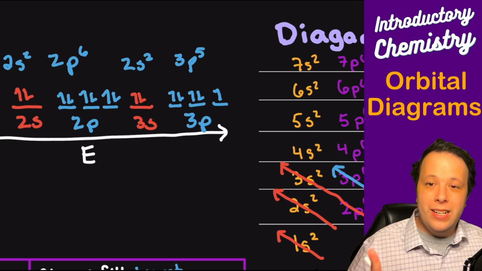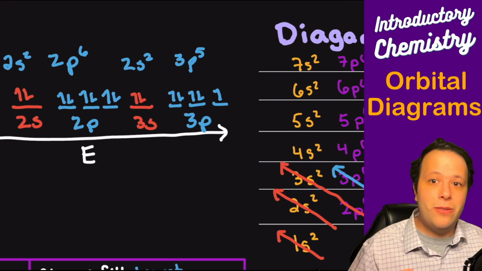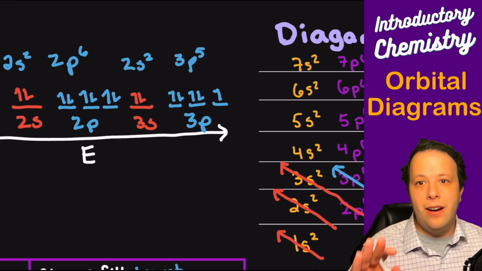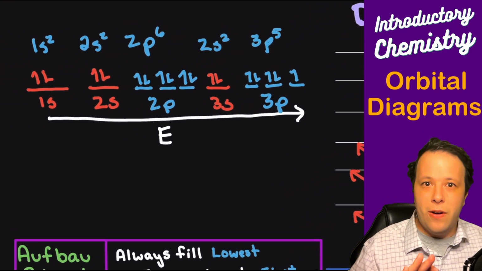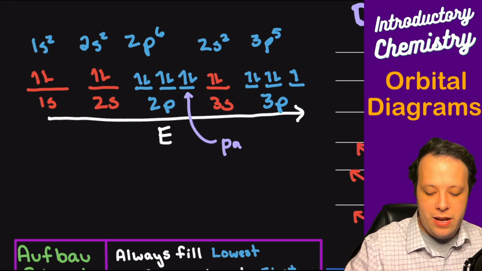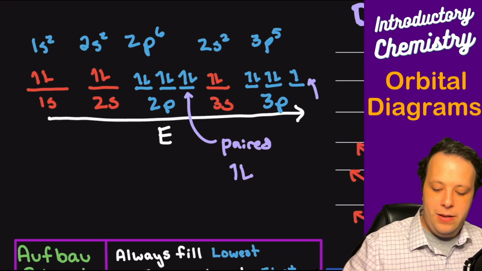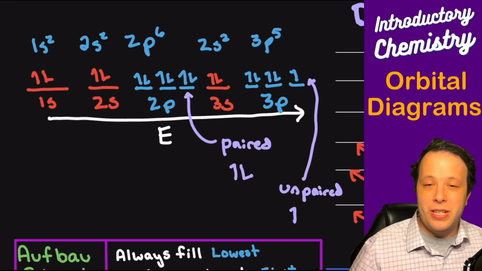Now, looking closely at this one, what are some things to notice in terms of counting the electrons? Another thing to talk about is paired and unpaired electrons. So one thing you can see is that there are many paired electrons here. Anything that's paired is when you have 2 electrons going up and down. Unpaired is when you have a lonely electron that's by itself in a room. So for this particular example, we have 1 unpaired electron.